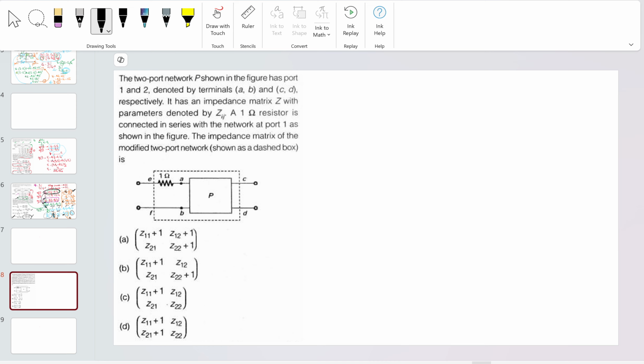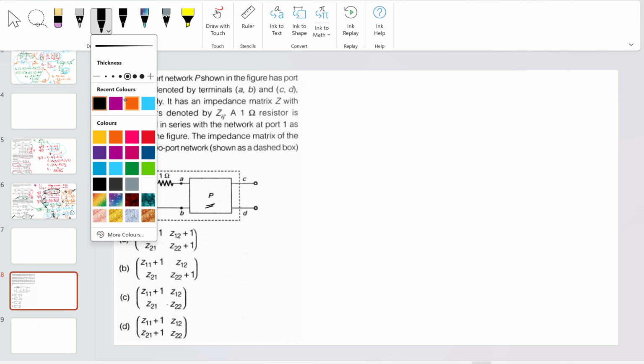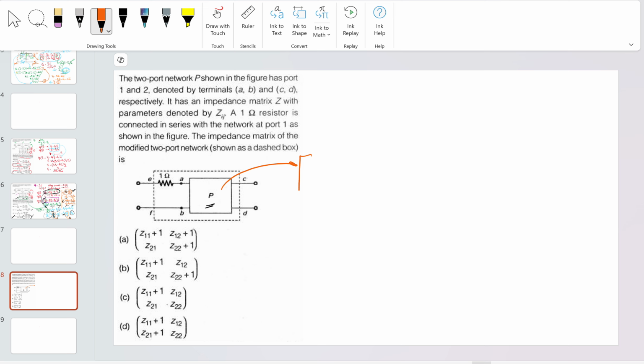Let me give one hint here: you already have the Z matrix of this P, which is Z11, Z12, Z21, and Z22. They have added a one ohm resistor in series to this two port network.